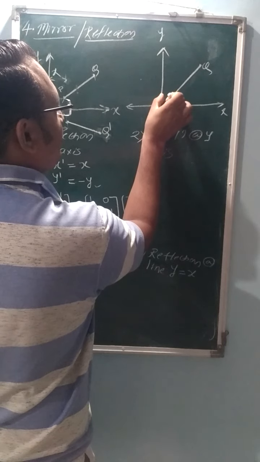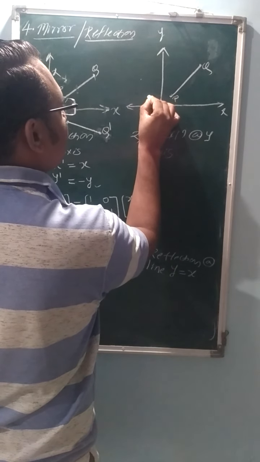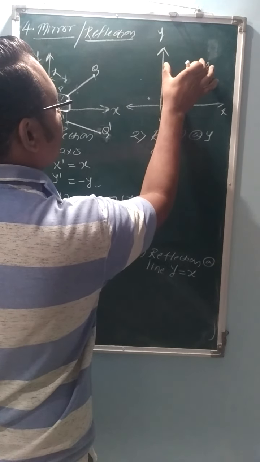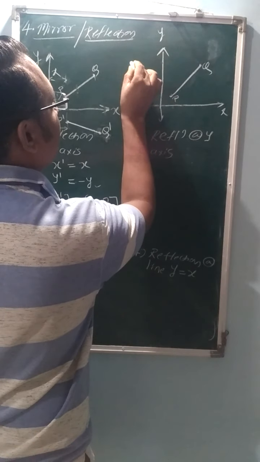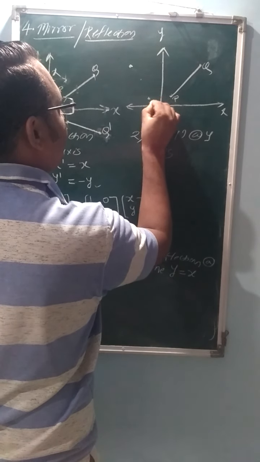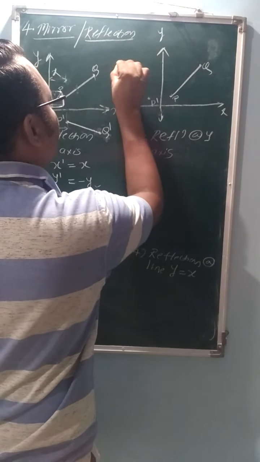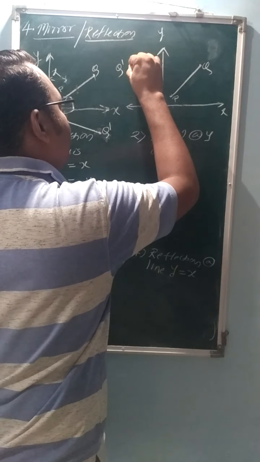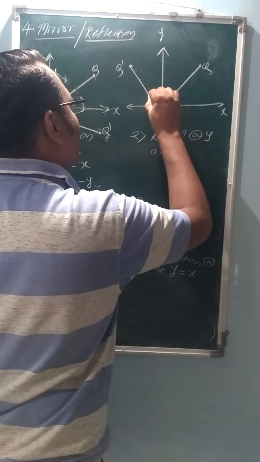This particular distance, again this distance, here somewhere you will get P dash and Q dash.